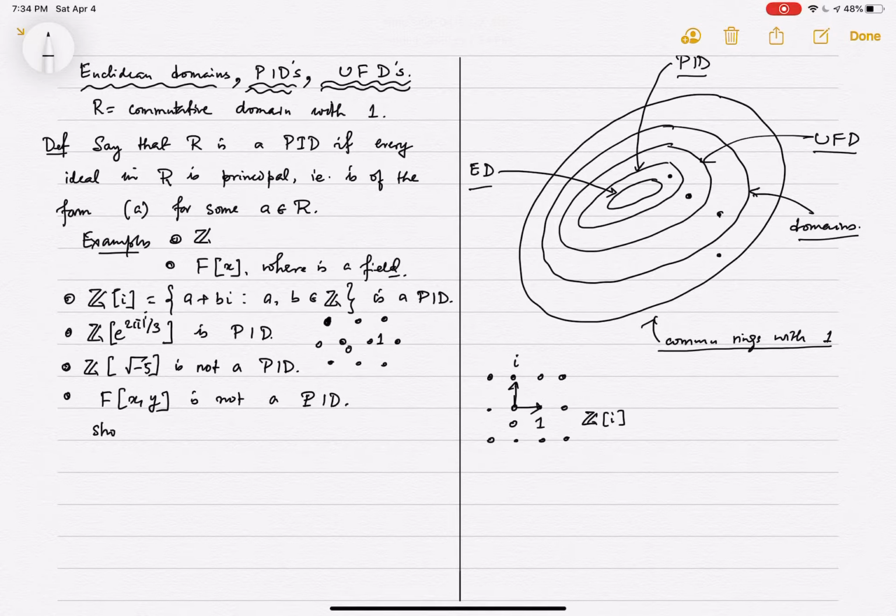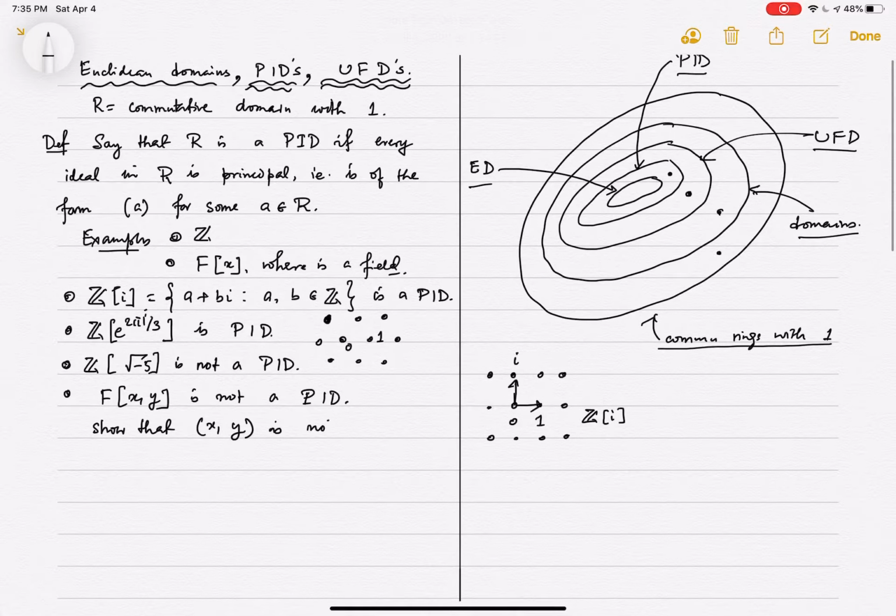Just show that the ideal generated by x and y is not principal. This is easy. You don't have any polynomial that divides both x and y in the 2 variable polynomial ring. So here are some examples and non-examples of PIDs. Yeah, and we already have some nice properties also. For example, we know that every prime ideal in a PID is maximal.